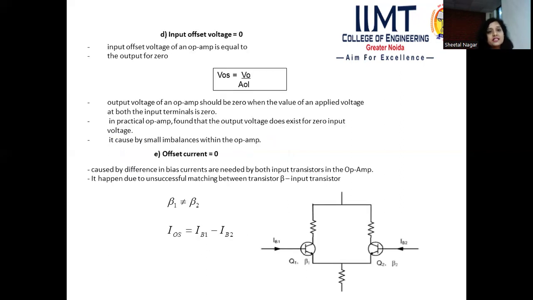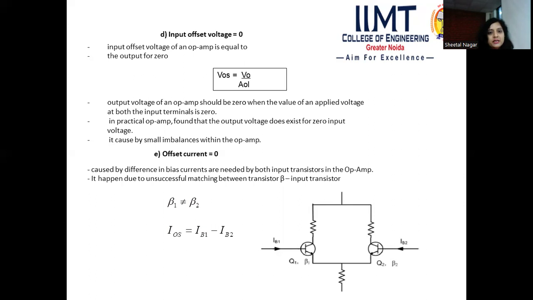Now, the next characteristic of the ideal operational amplifier is input offset voltage. It must be zero. Again, practically this is not possible. Input offset voltage is the output for zero input, which is Vos equal to Vo divided by AOL. The output voltage of an operational amplifier should be zero when the applied voltage at both input terminals is zero.